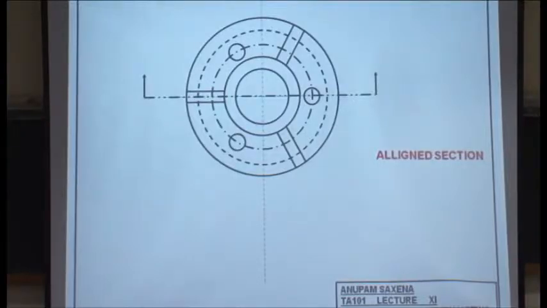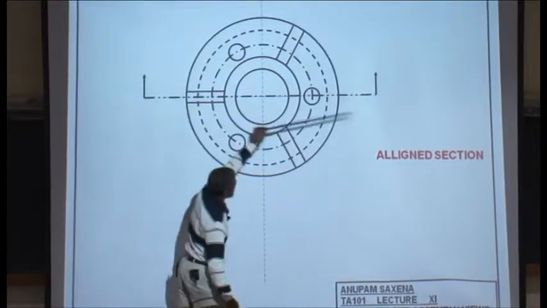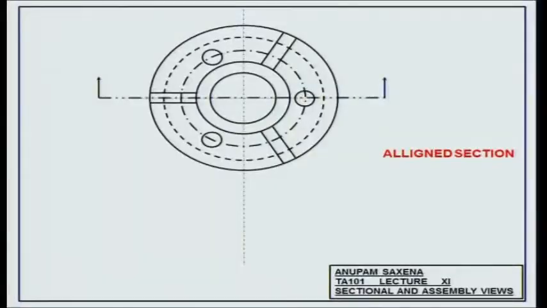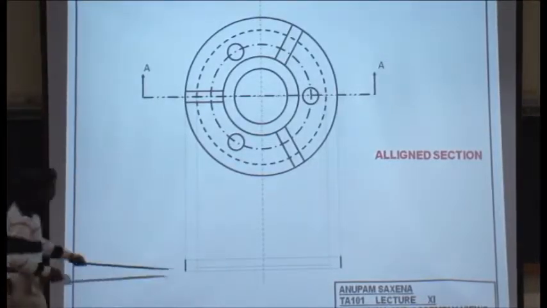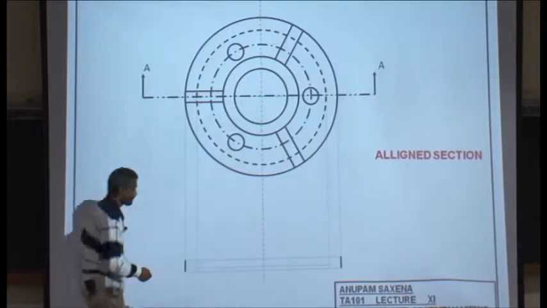So if I section this object like so, and if I try to look at what the front view looks like, I'll see a rectangle. So there's this hollow feature over here at the bottom of the disk.